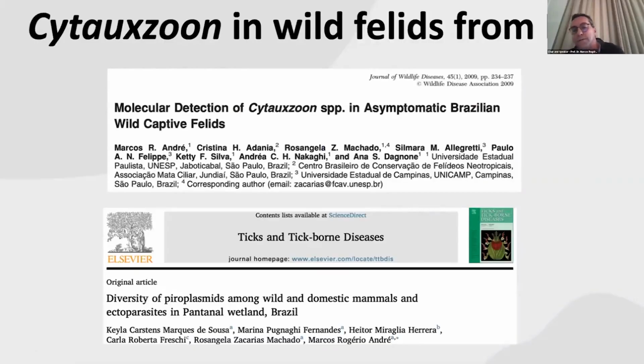Several papers in Brazil have shown that wild felids in Brazil are the main hosts for Cytauxzoon. But when we sought to sequence very short fragments of 18S rRNA, this Cytauxzoon was closely related to Cytauxzoon felis, which occurs only so far in the USA.